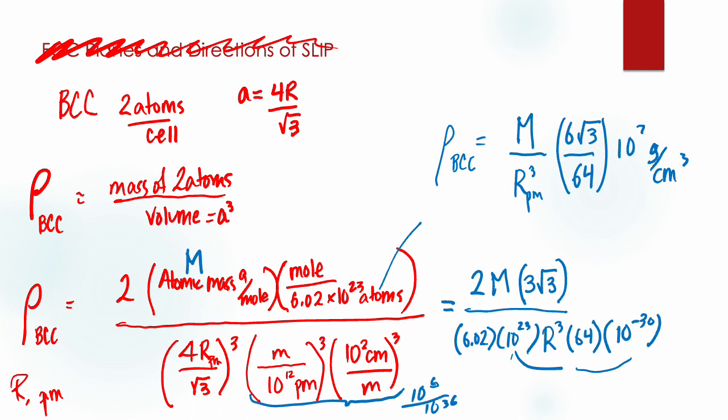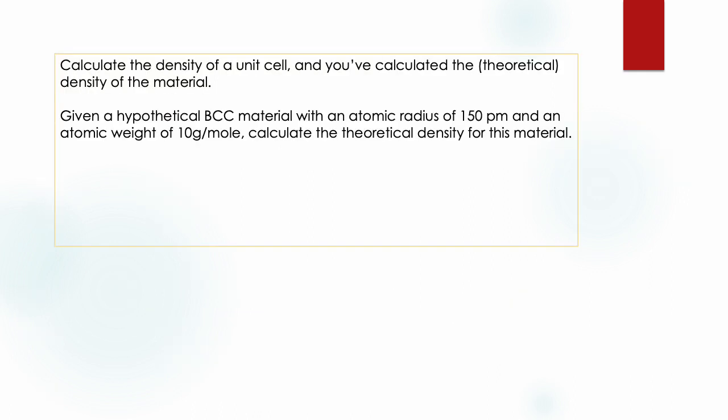Okay, so let's try using that equation for an example. It says, okay, I have a hypothetical BCC material. There's my atomic radius. R is 150 picometers. And atomic mass is 10 grams per mole. This is a hypothetical, fictitious material, by the way.